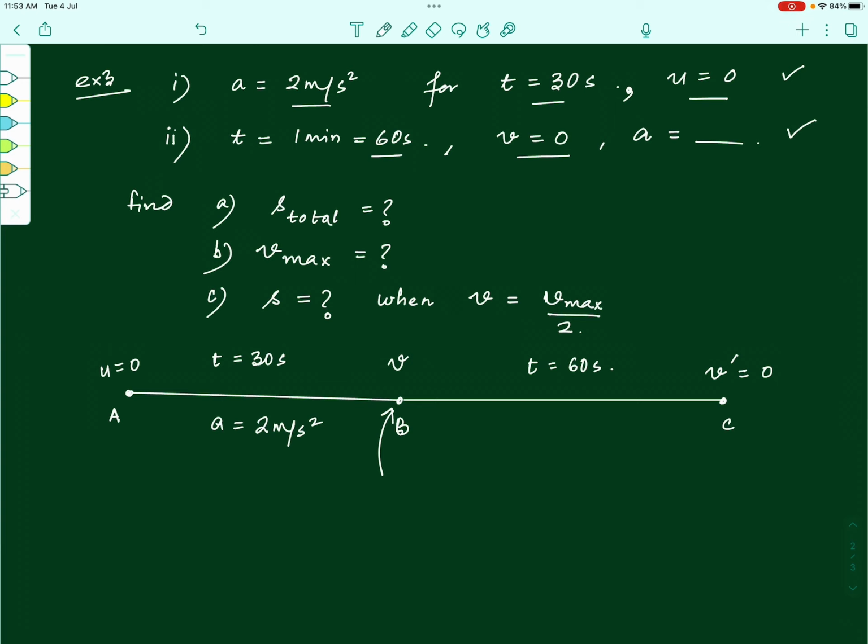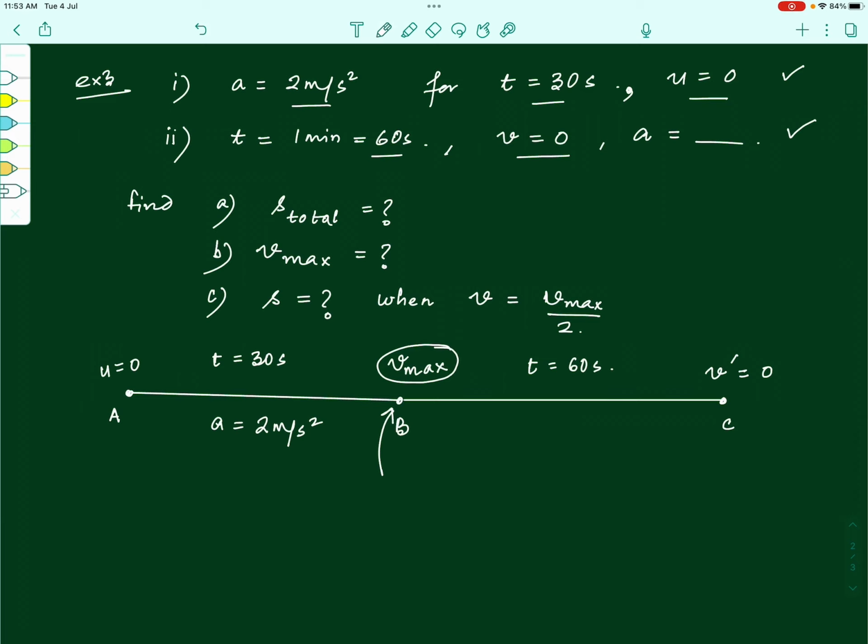So that means the velocity that it gained by the time it reached B would be the maximum velocity of the train, isn't it? So we can call the velocity here as the V max. And we can easily find it out because we know the motion from A to B. We know everything about that motion. We know the initial velocity, we know the time, we know the acceleration, isn't it? So first thing that we understand here is that V max is right at the point B.